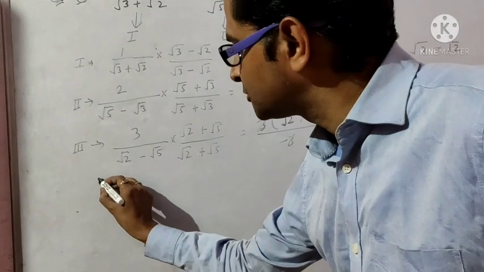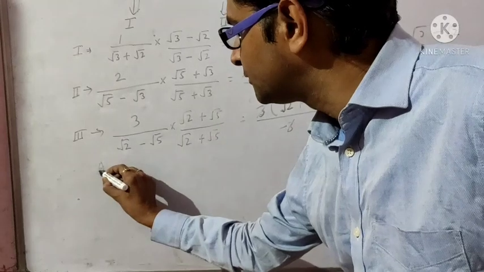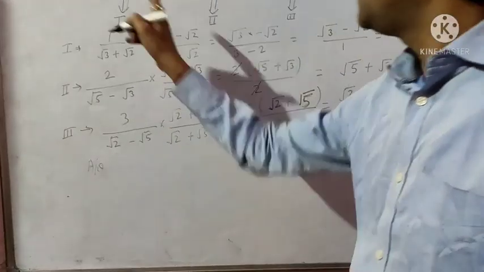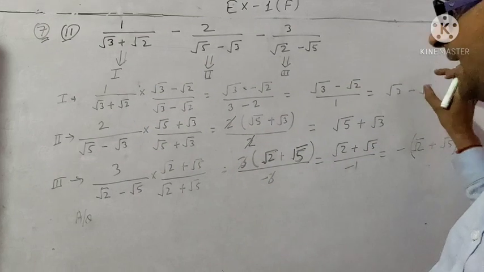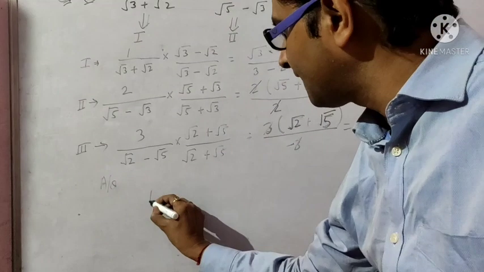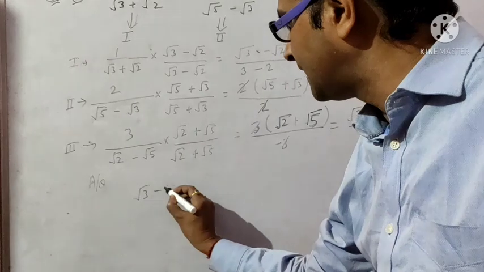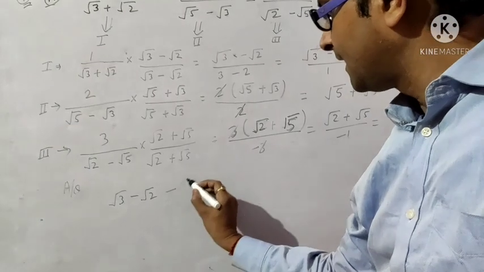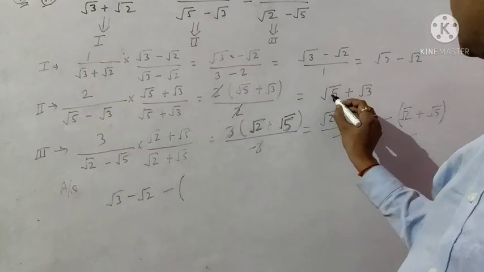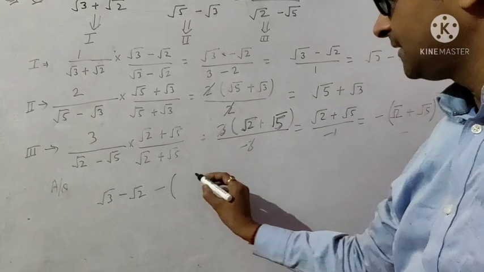And then after that student, according to the question, the first term expression is root 3 minus root 2. So put here root 3 minus root 2 minus. And the second expression is root 5 plus root 3.